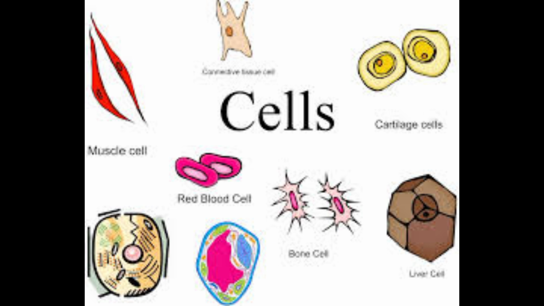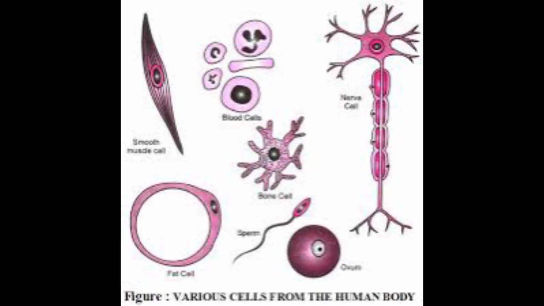Okay, my dear students. Next, some organisms can also have cells of different kinds. Look at the following pictures. It depicts some cells from the human body: smooth muscle cell, blood cells, nerve cell, ovum cell, bone cell, sperm cell, and fat cell.